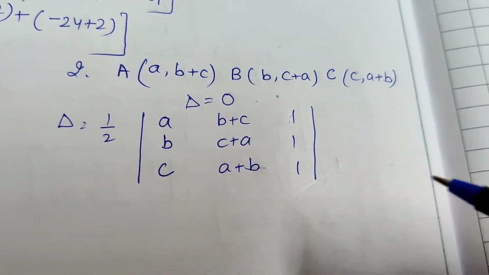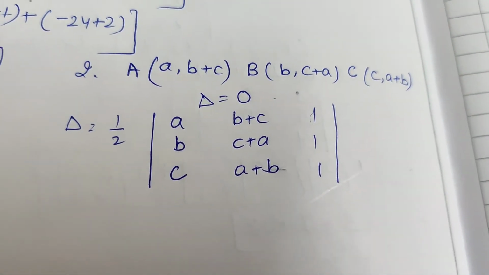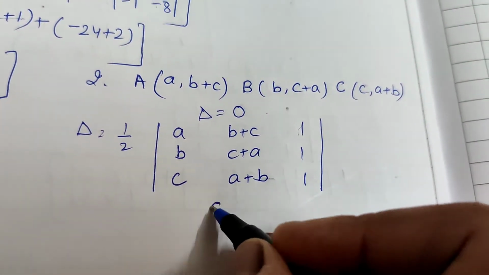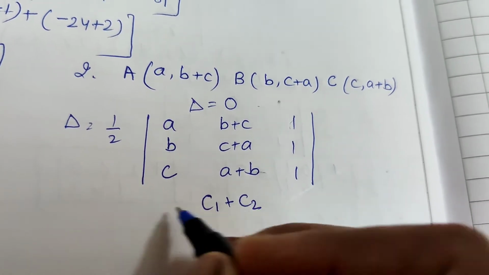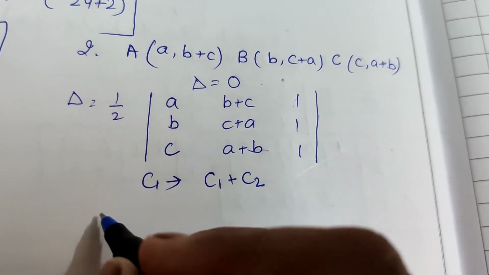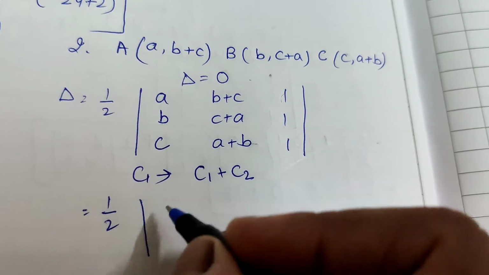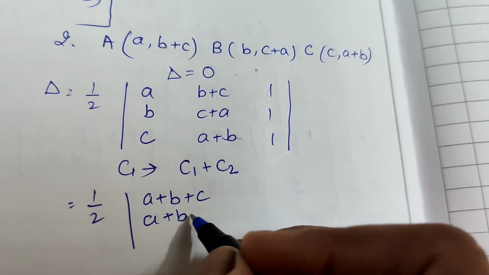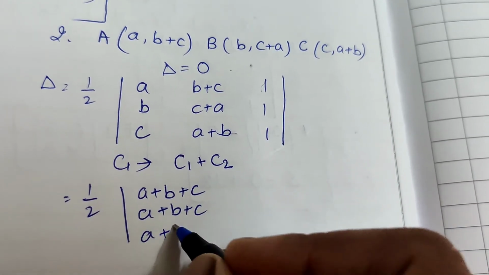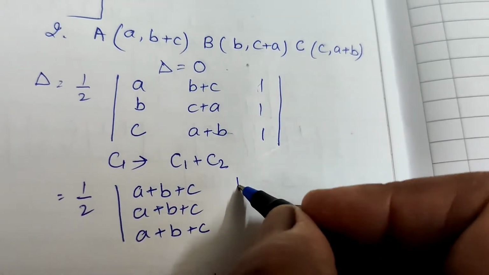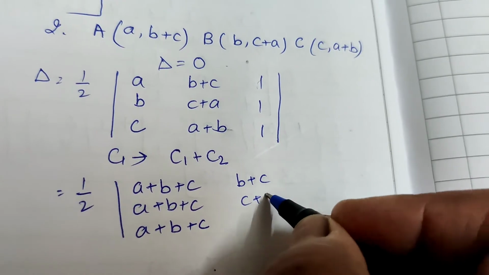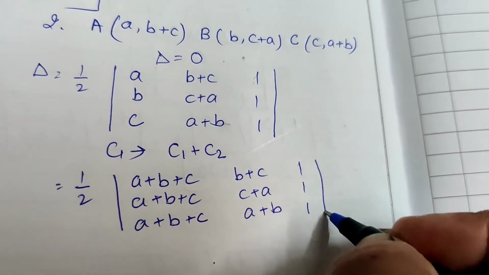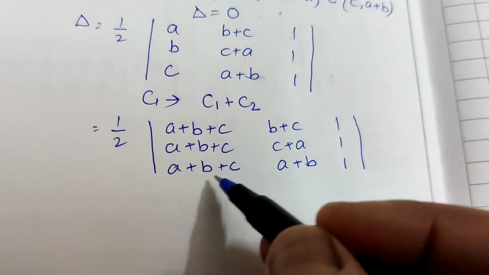We can find this by a simple method, adding C1 plus C2 into C1. Then 1 by 2 times the determinant with first column A plus B plus C in each row, and then B plus C, C plus A and A plus B. Now take A plus B plus C common.